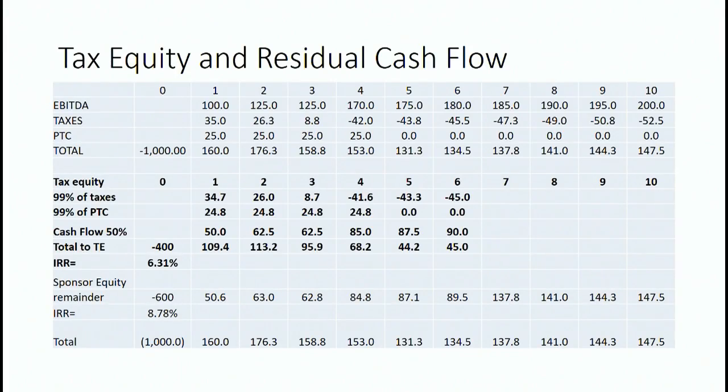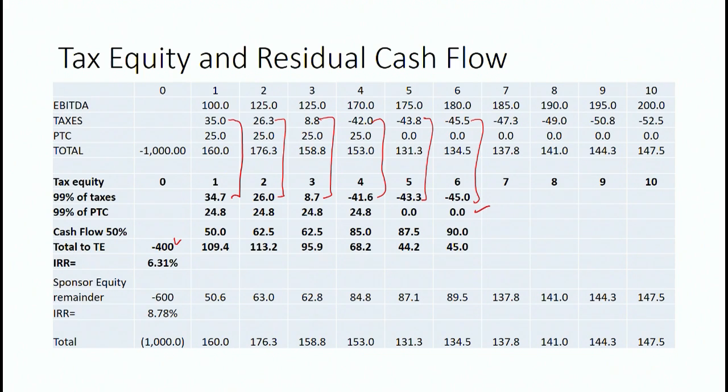Here's what we got. They invest $400, and they get 99% of the taxes. So 99% of 35, 99% of 26, 99% of this, this, and this. They also get 99% of the production tax credit for that period of time.